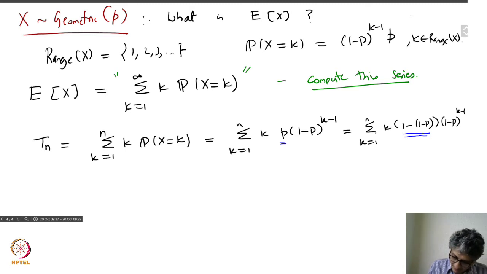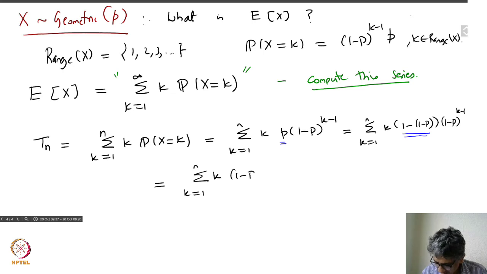But now if I multiply the product out, it's an easy exercise by rearrangement. It's all a finite sum, so I can arrange any way I want. And I have a telescoping sum in some sense. So I'll have the sum from k equal to 1 to n, k times 1 minus p to the k minus 1. That's simple algebra.